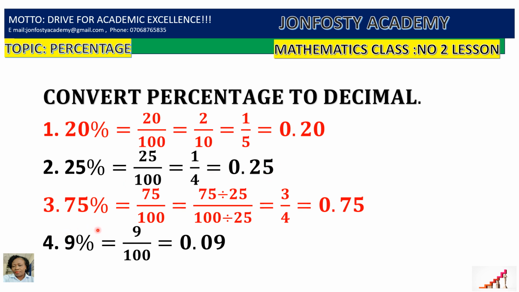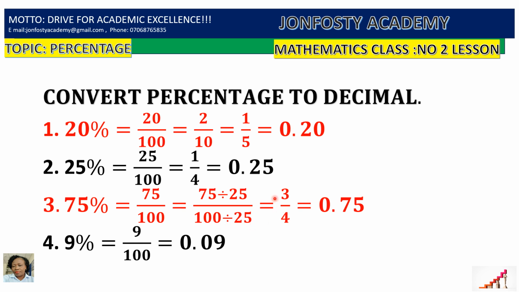Our question 3 says 75%, convert it to a decimal number. 75 all over 100. We'll look for a number that can help us to minimize this fraction, and it's 25. We divide the numerator 75 by 25, and we divide the denominator 100 by 25.